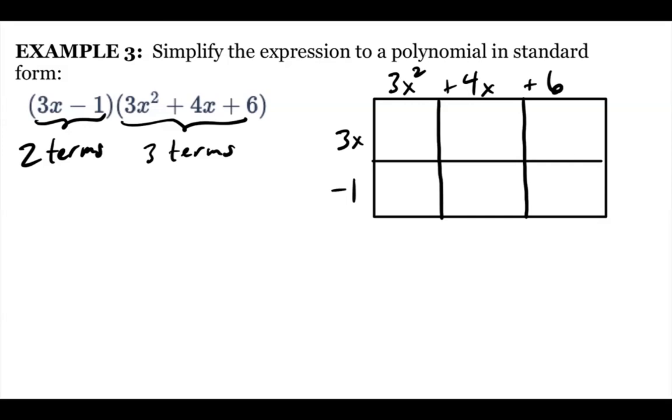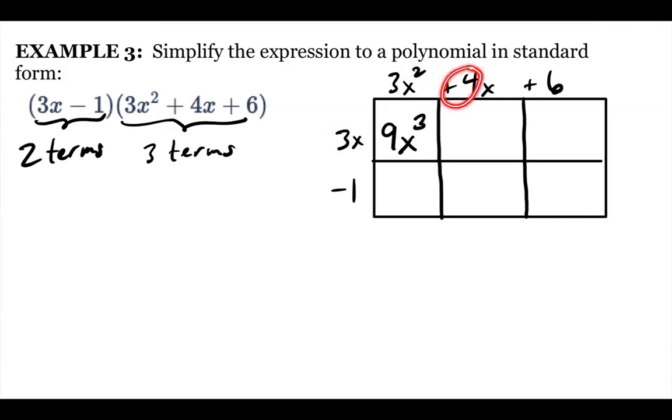We've done multiplying like this before. So what I do is I multiply coefficient times coefficient. 3 times 3, that makes 9. And then it's going to be x to the what power? Third power. Because I'm multiplying. If you multiply powers, you end up adding them.